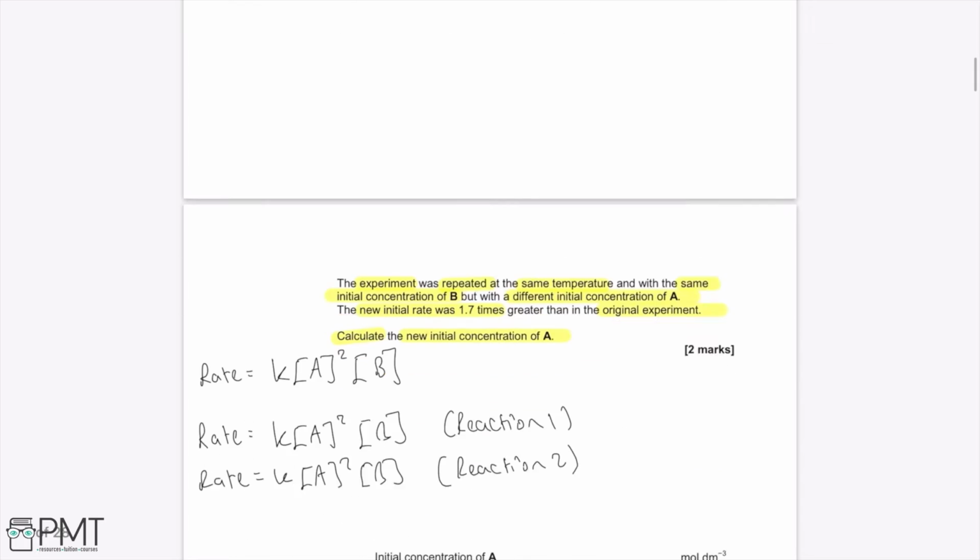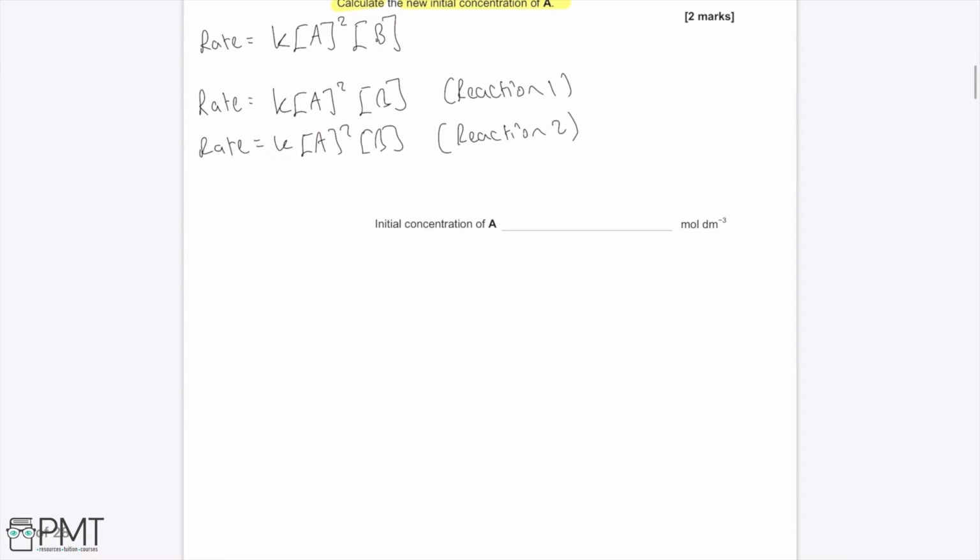So what we can now do is set up an equation where we have 1.7 equals K multiplied by the concentration of A squared multiplied by the concentration of B, then divided by K multiplied by the initial concentration for A, which we know using the graph above was 0.5.